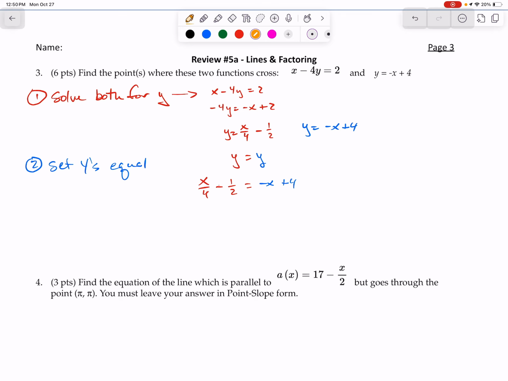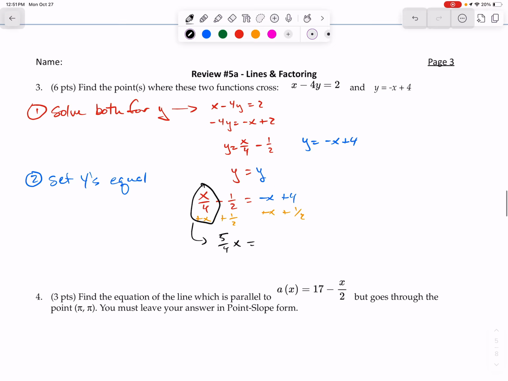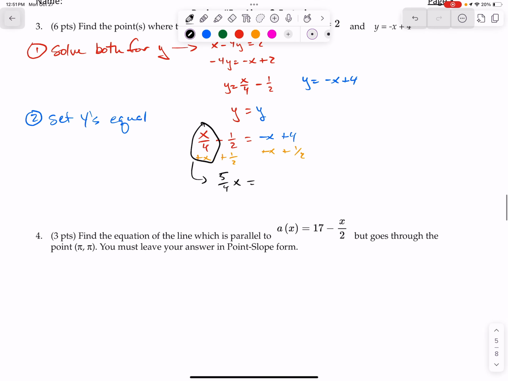Let's consolidate. I think I'll add x on both sides and add 1/2 on both sides. So I will get 5/4 x, that's these two, equals 4.5 is 9 over 2.